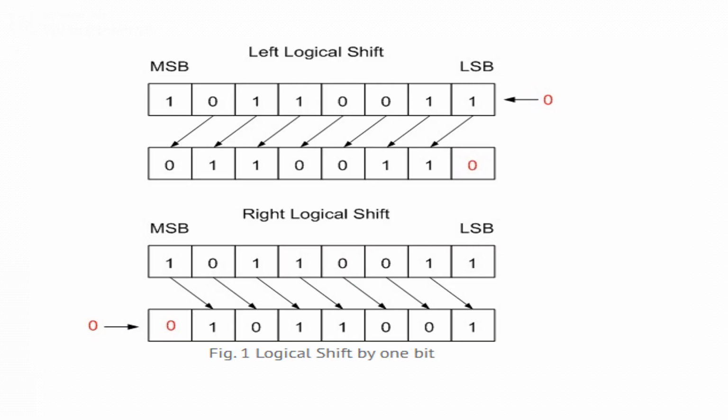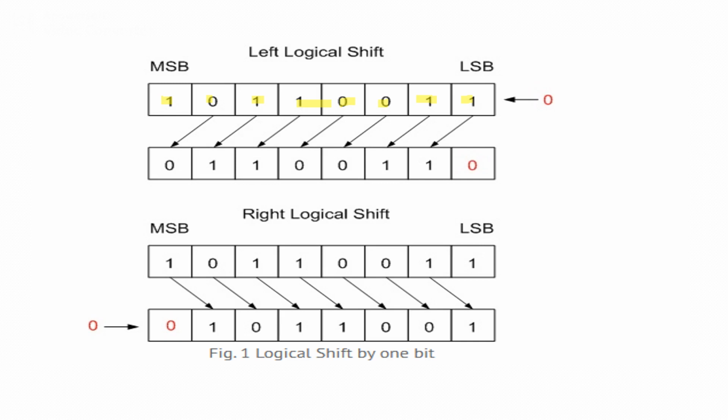We'll consider one more example. The processor register value is 1, 0, 1, 1, 0, 0, 1, 1. Now I have to perform logical shift L with the counter value as 1, so I have to shift it once.